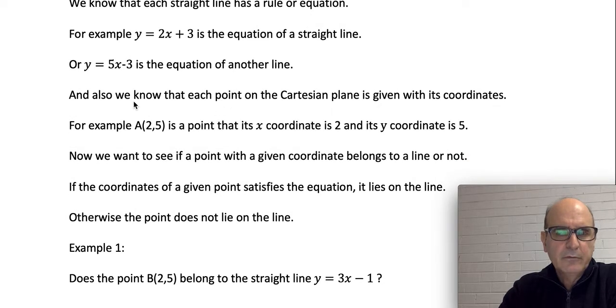And also for any point on the Cartesian plane, we know that it is given with two coordinates, x and y. For example, the point A with the coordinates of 2 and 5 is shown like this: A with a bracket, the first one is x, the second one is y.